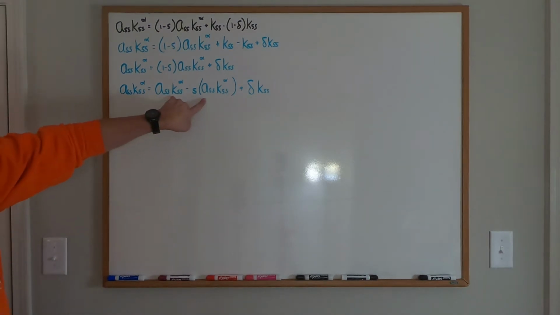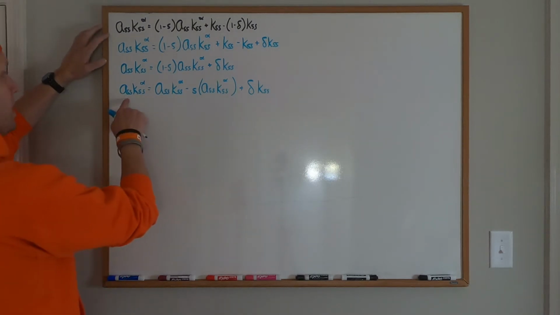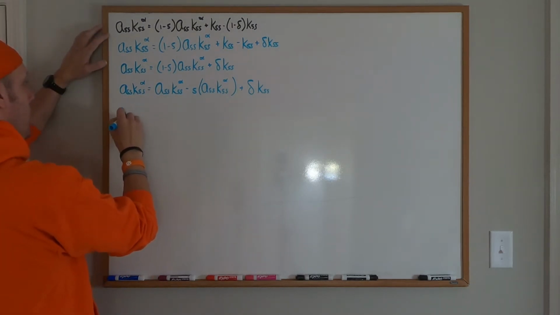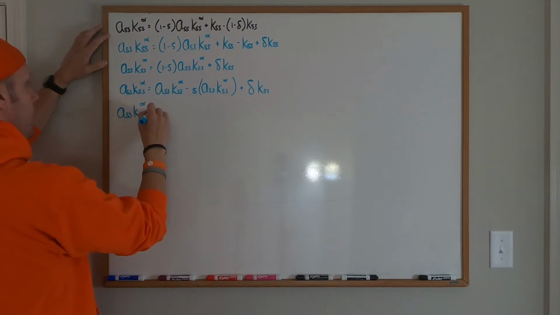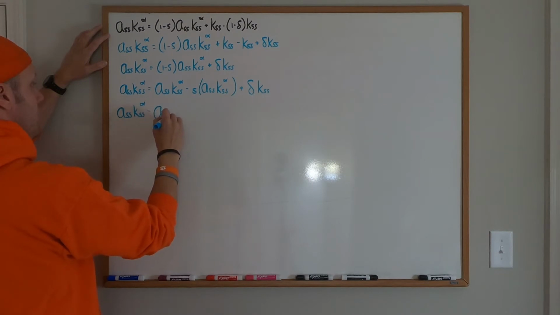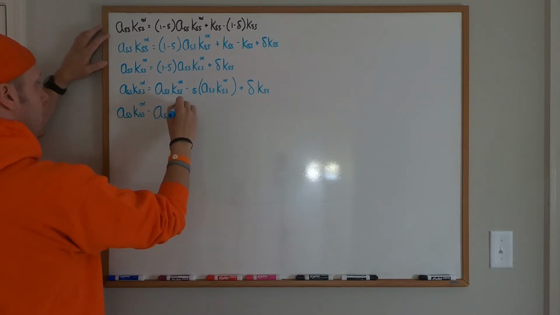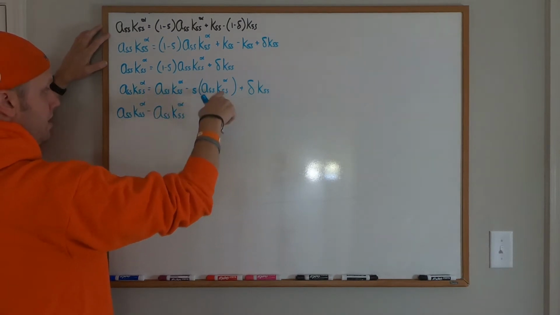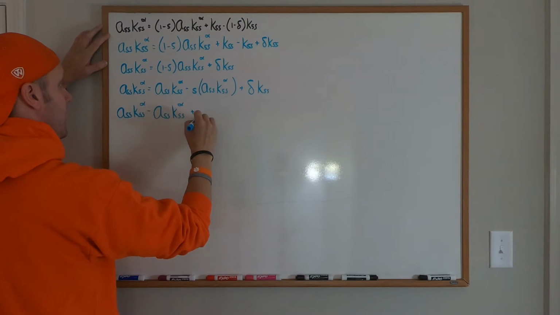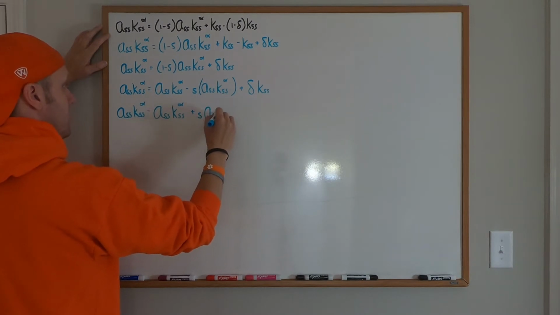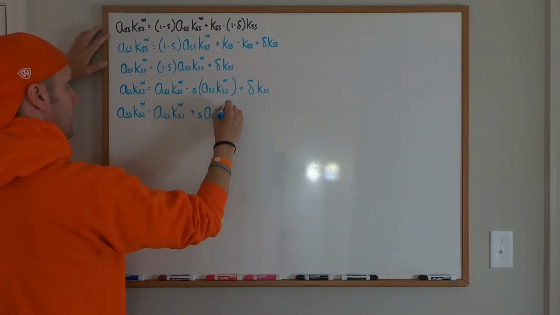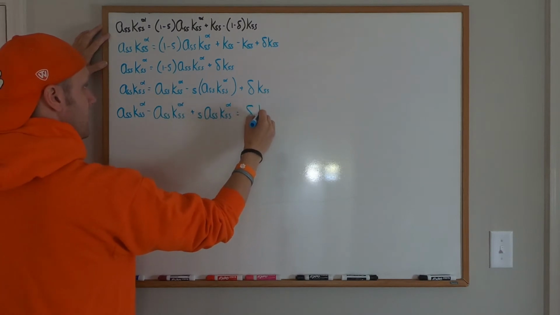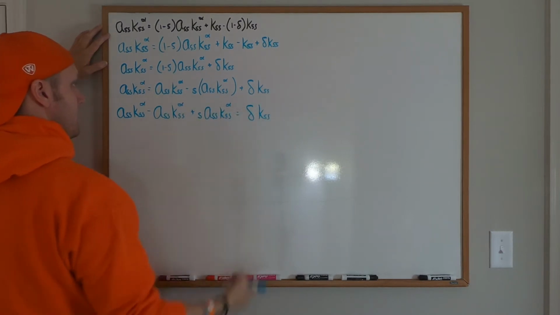Right, well, now I'm going to subtract both of these from the left-hand side. So I'm going to get ASS times KSS to the alpha minus ASS times KSS to the alpha, minus negative S times ASS KSS to the alpha, which is going to be plus S times ASS KSS to the alpha, equals delta times KSS.